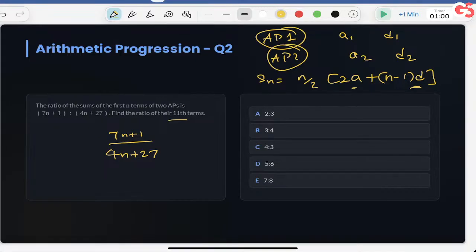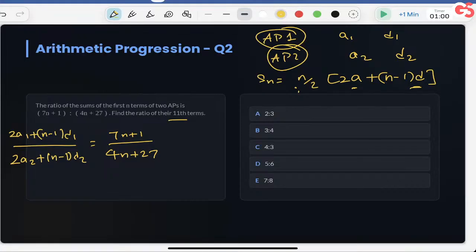Having said that, n is common, so n by 2 will cancel out. We're left with (2a1 plus (n minus 1) times d1) upon (2a2 plus (n minus 1) times d2). This is what is known to us. We need to find the ratio of 11th terms.